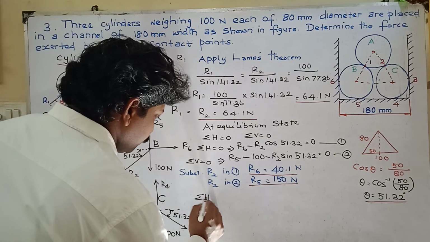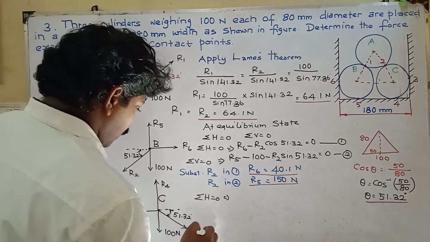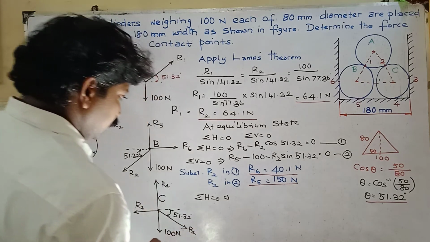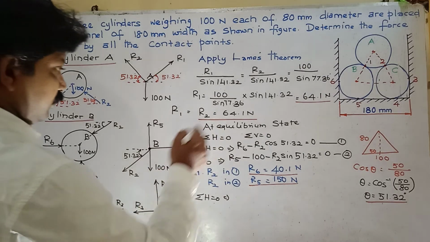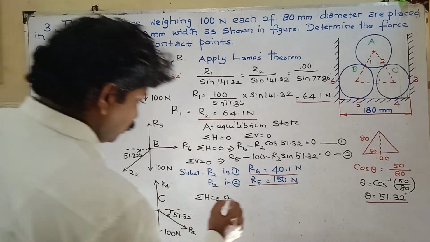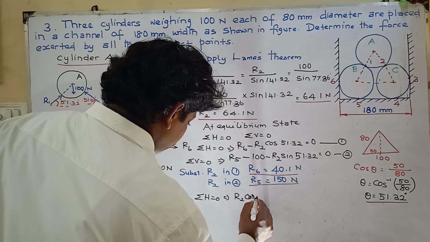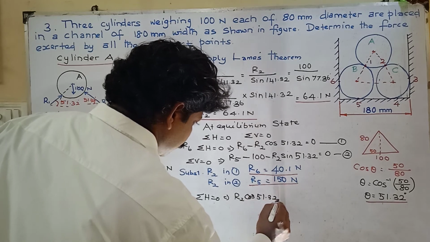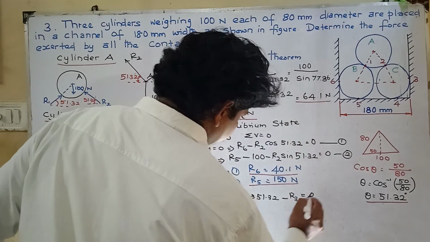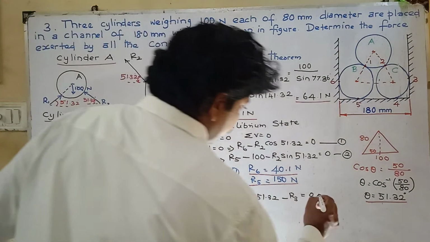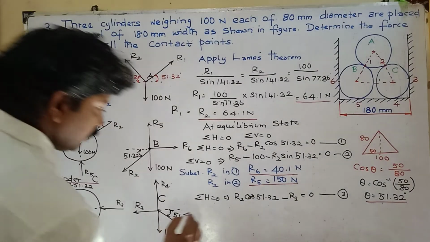Sigma H equal to 0. We know the R2 value, R2 equal to 64.1. So R2 cos 51.32 minus R3 equal to 0. Take this as equation 3, and sigma V equal to 0.